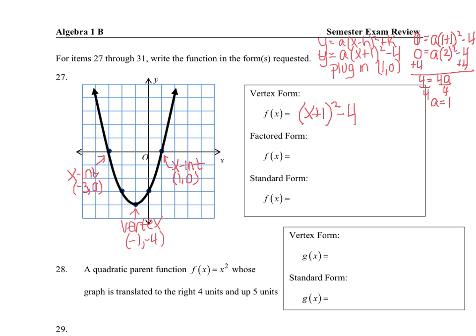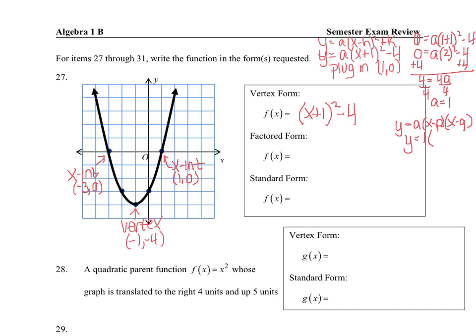My factored form is always of the form y equals a times x minus p times x minus q, where p and q are my x-intercepts. Well, we already calculated that a is 1, so 1 times x minus p times x minus q.